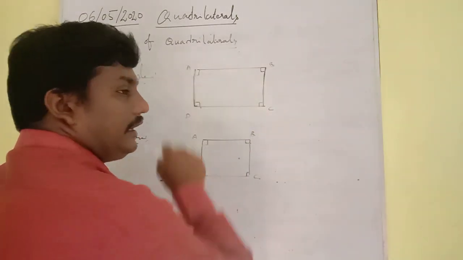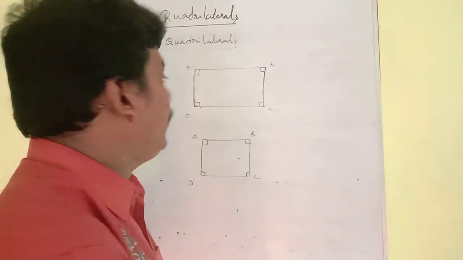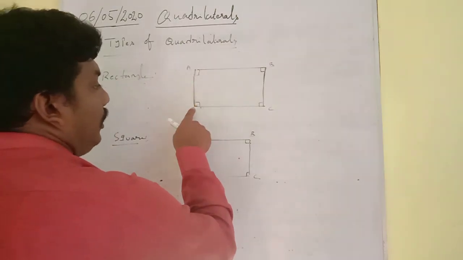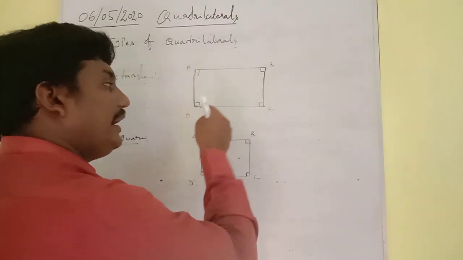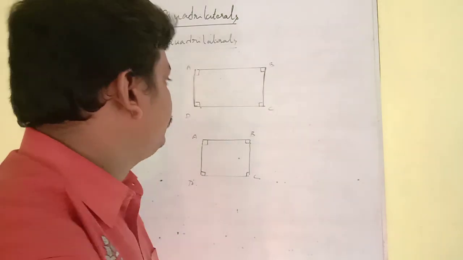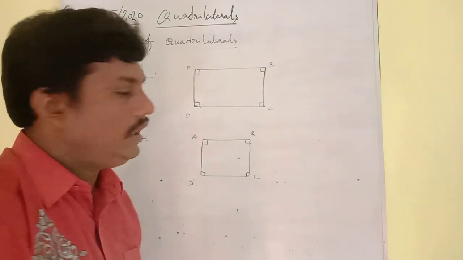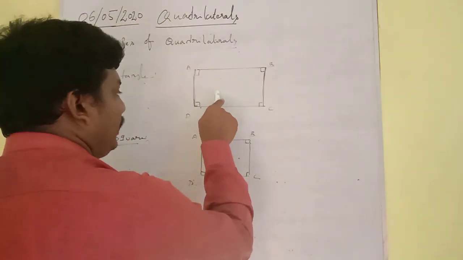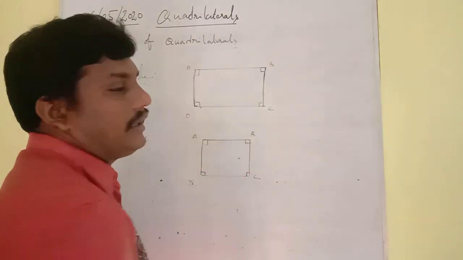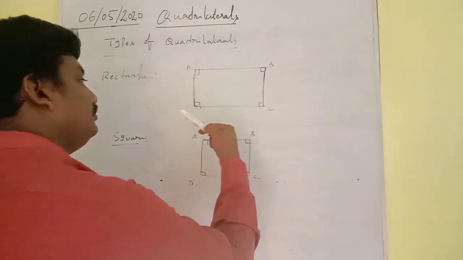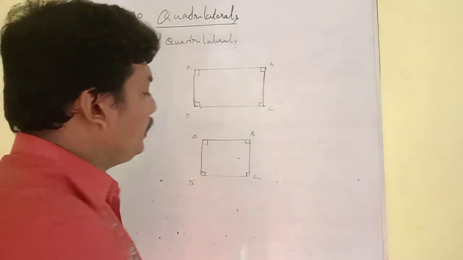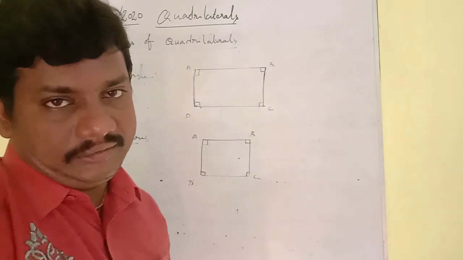Whereas the rectangle is a special type of parallelogram where each angle must be 90 degrees. That is, all angles are equal, in the rectangle and in the square. The remaining parallelogram and rhombus properties will be satisfied.